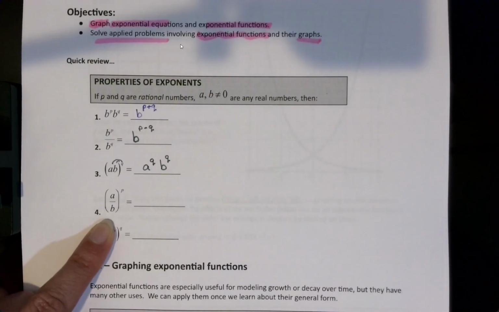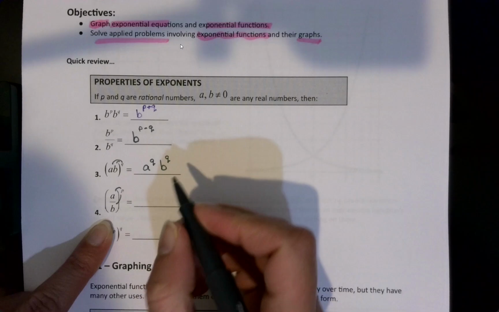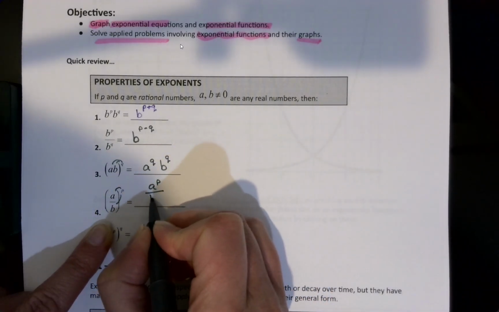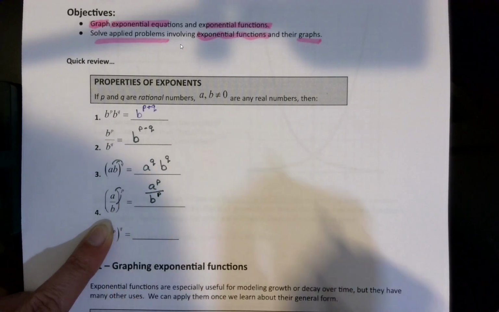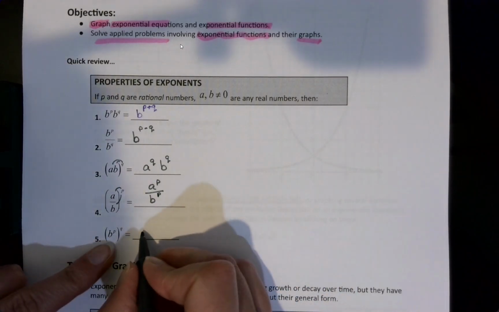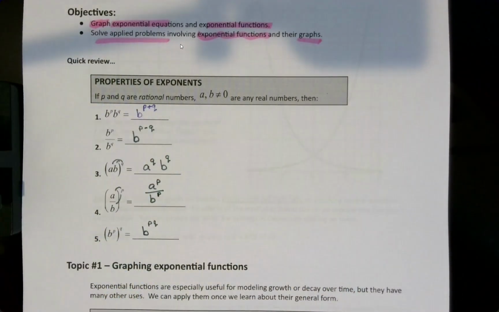And if we have the quotient a over b to the p, that power p is going to be applied to both parts of the quotient. So we'll have a to the p over b to the p. And last, if we have b to the p to the q, those two powers are going to multiply, and we'll have b to the p times q.